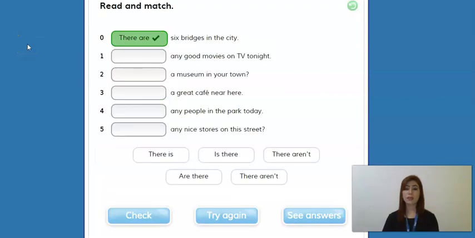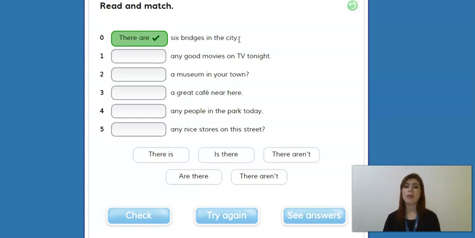All right, guys, so this is exercise number 2. And what we have to do here is read and match. Here are the options, and here are the sentences. Let's take a look at the example first to understand what you have to do. There are 6 bridges in the city. Well, why did we use there are here?